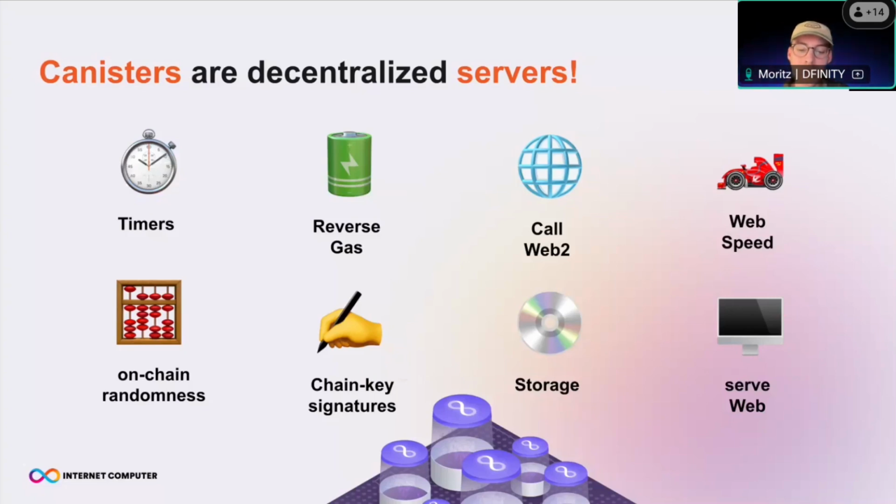The data is mutable, so you can update it, delete it, create new entries, and so on. So it's very flexible, and very cheap, it only costs you $5 per gigabyte per year. Whereas on Ethereum, it's a one-time fee, but the last time I checked, you would need to pay at least $80 million to store a single gigabyte of data on chain.